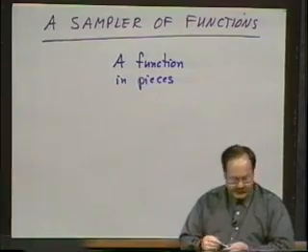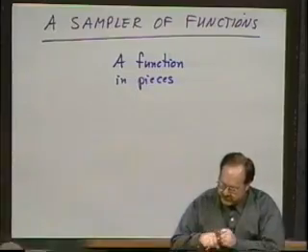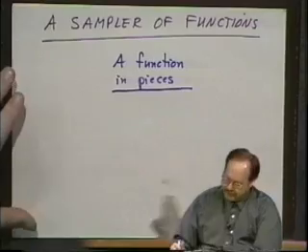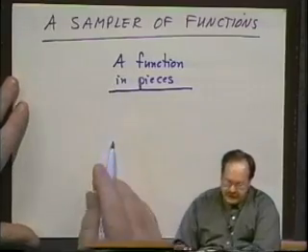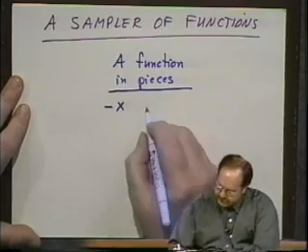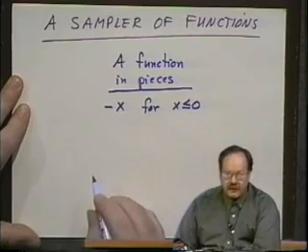My pens seem to be drying out on me here, so bear with me as I switch pens. All right, a function that's in pieces. Now, here's how I'm going to define it. I'm going to say that this function gives me minus x for x's that are less than or equal to 0.